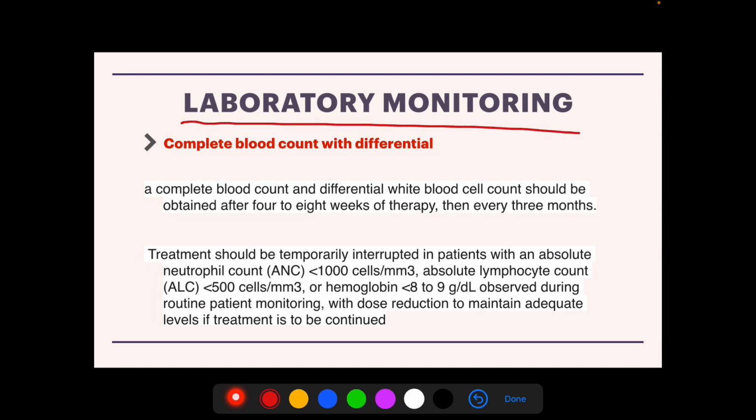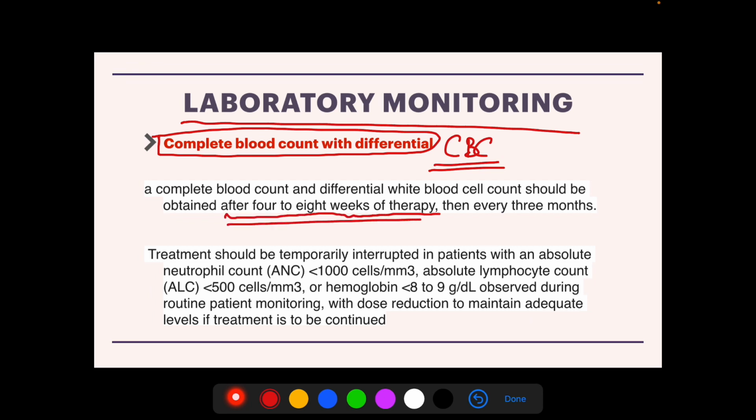Laboratory monitoring. Complete blood count with differential is very important. A complete blood count and differential white blood cell count should be obtained after 4 to 8 weeks of therapy, then every 3 months.